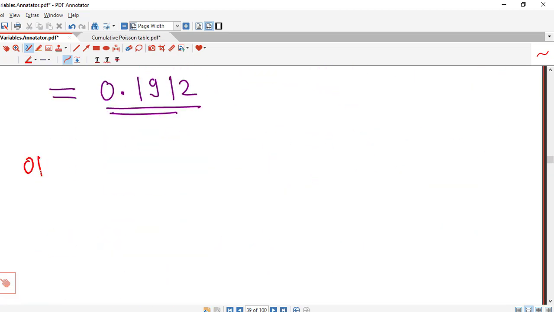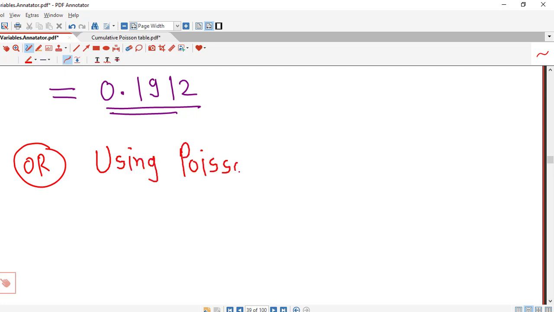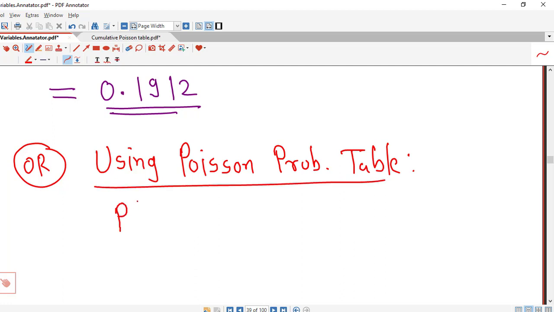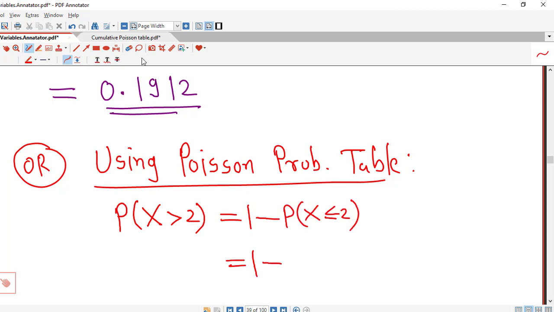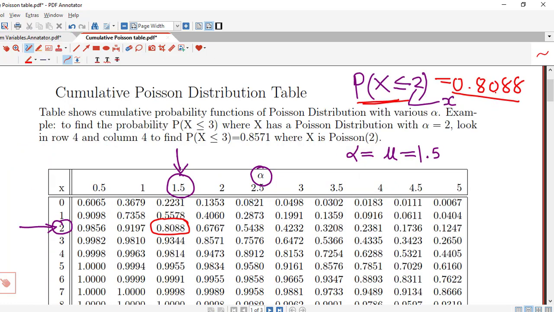Using the Poisson probability table, the probability that demand is more than 2 is nothing but 1 minus the probability that capital X is less than or equal to 2, and this we obtained as 0.8088.